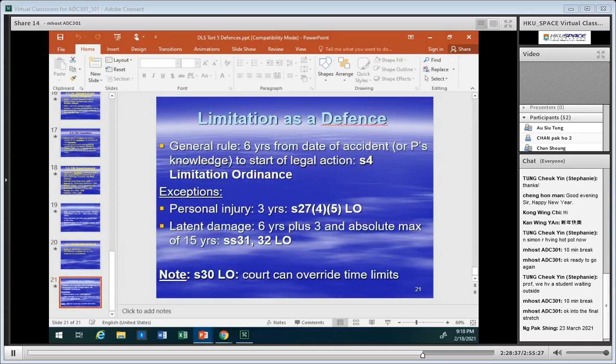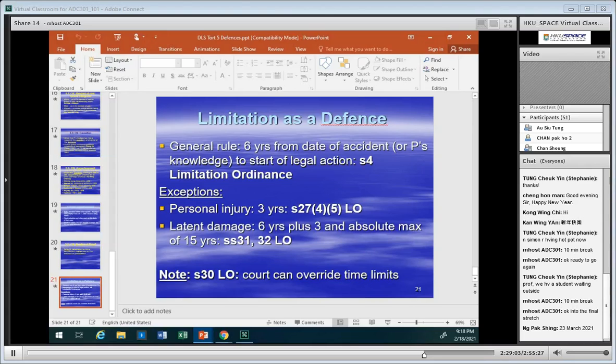Now just to finish off defences, I've thrown this one in. I'm not sure if it's actually in your course manual, but it's worthwhile noting that a defendant could rely on a defence of lapse of time under the limitation ordinance.